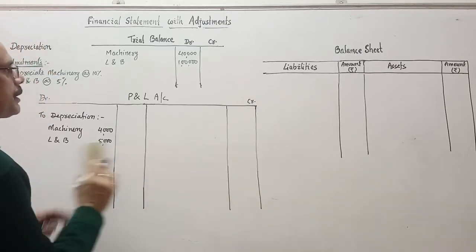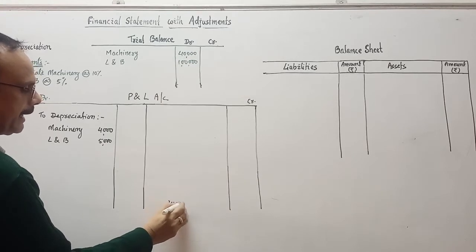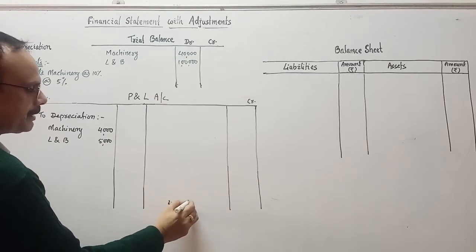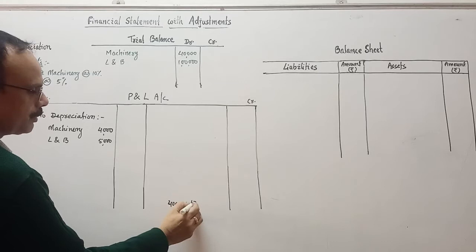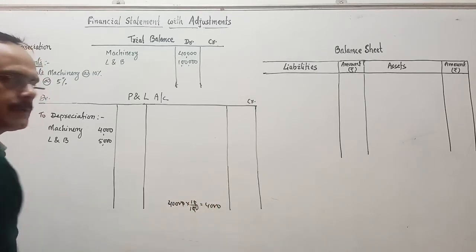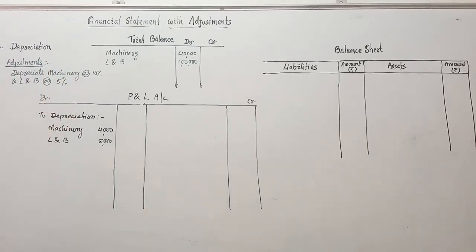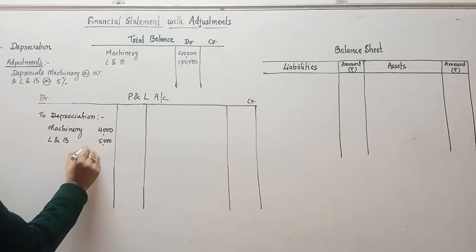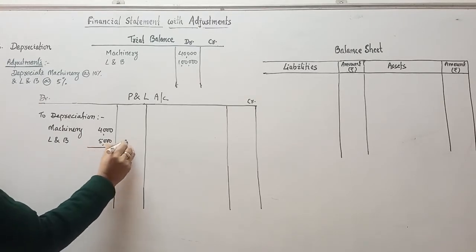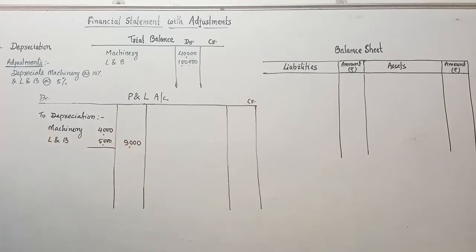Similarly, machinery is 40,000 and the rate of depreciation on machinery is 10%, so 10% of 40,000 is 4,000. So write on the debit side: to depreciation, machinery 4,000, land and building 5,000, total depreciation is 9,000.